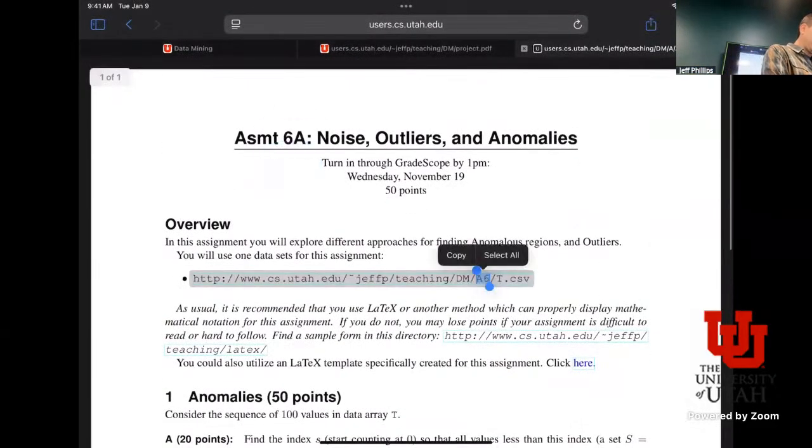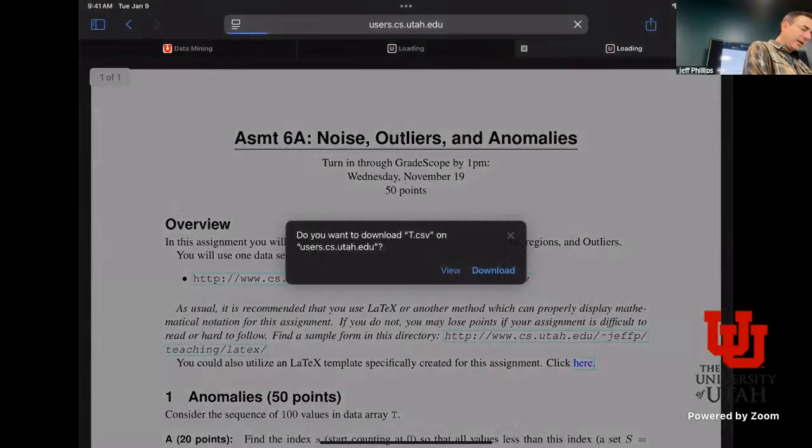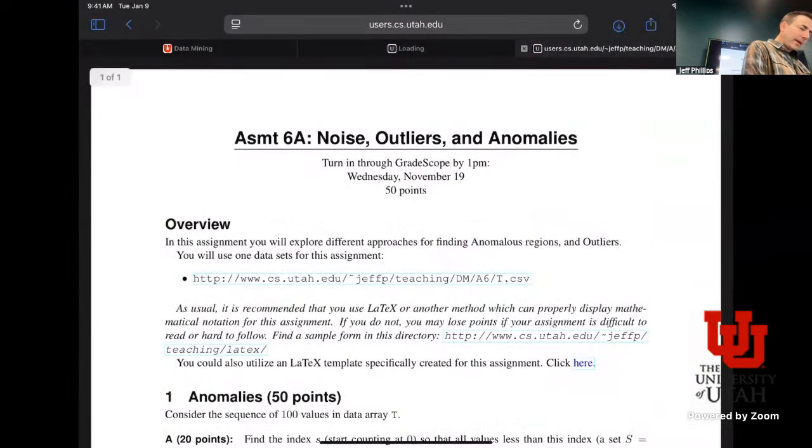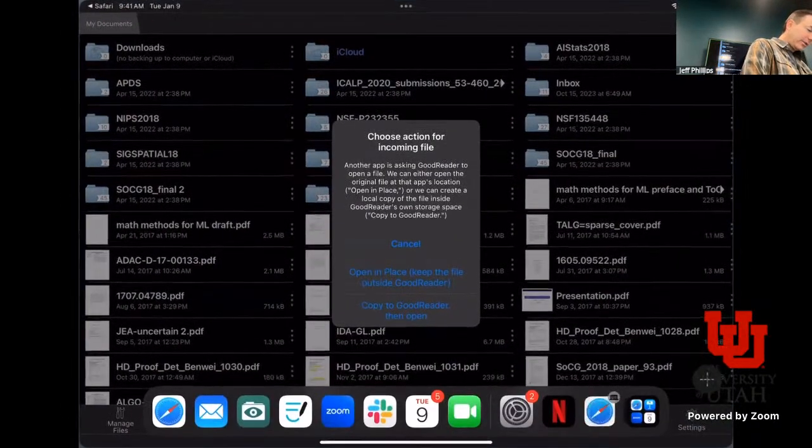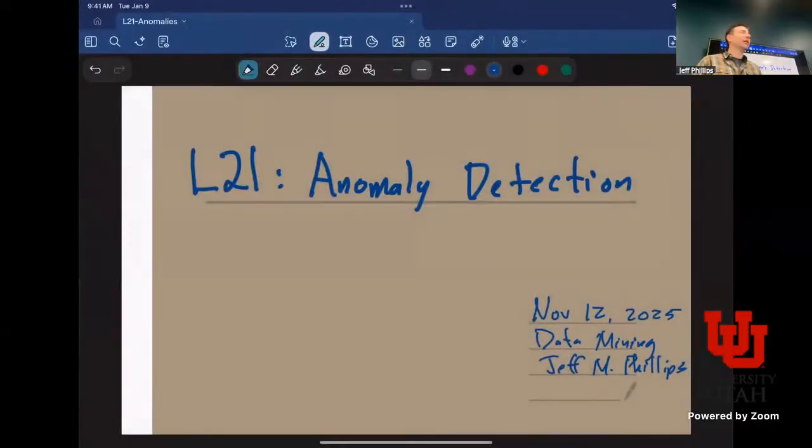If you look at the data set, I don't know if it'll let me see it on the iPad. Okay, let's not try and do that. The data is just like 100 values, so it's not very complicated. Hopefully, it's pretty straightforward and lets you illustrate the points.